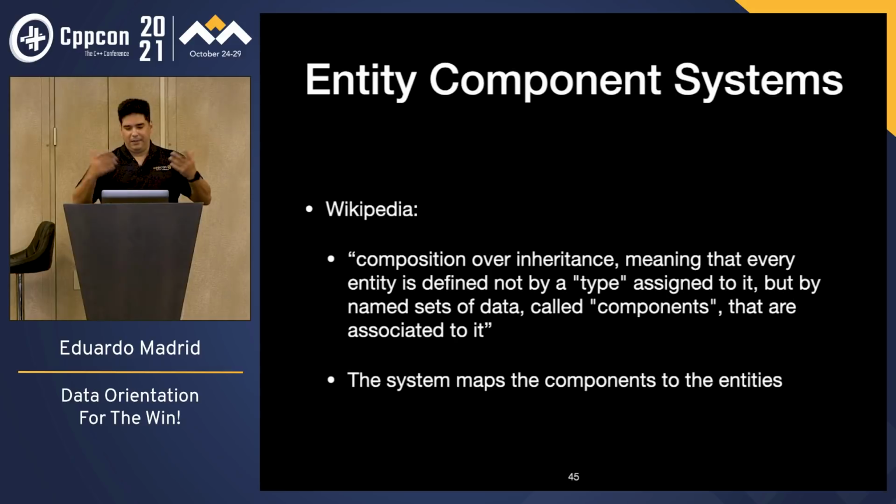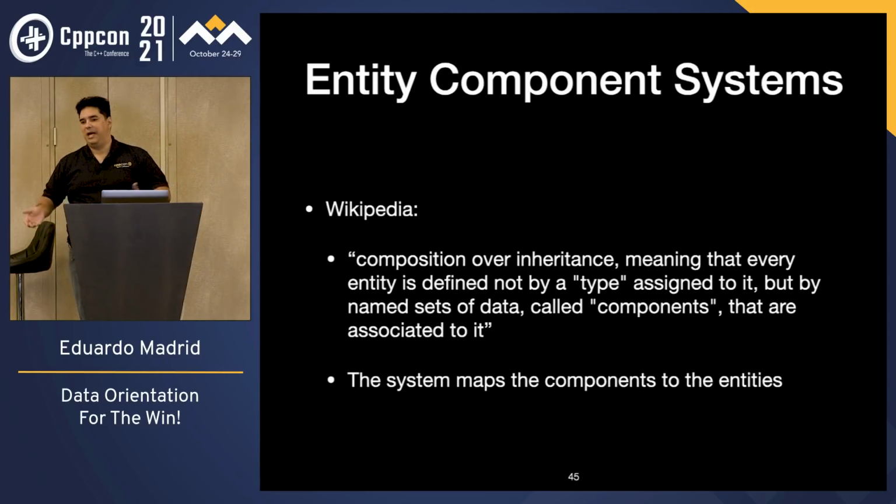Okay. People that work with data orientation, they have a different view of how to represent the state of things. And they frequently refer to the entity component system model, okay? And I'm just gonna read to you from the Wikipedia. This means that it's gonna have composition over inheritance, meaning that every entity is defined not by a type assigned to it, but by named sets of data called components that are associated to it.